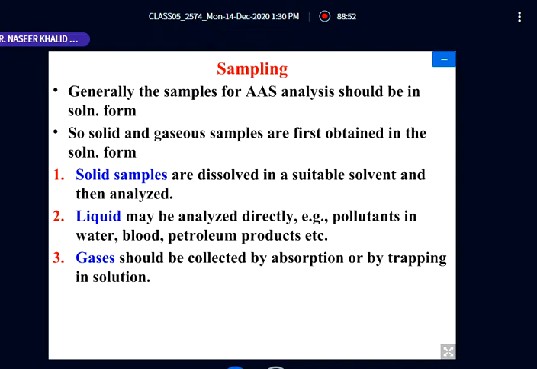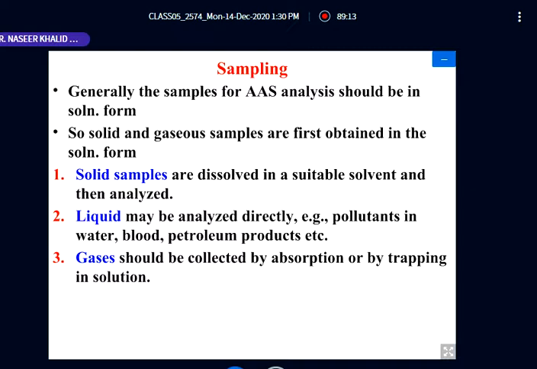Rashid asks: we have a flame atomizer, so why do we use a graphite furnace? Yes, a very good question. The flame is used when the sample solution is of higher quantity.